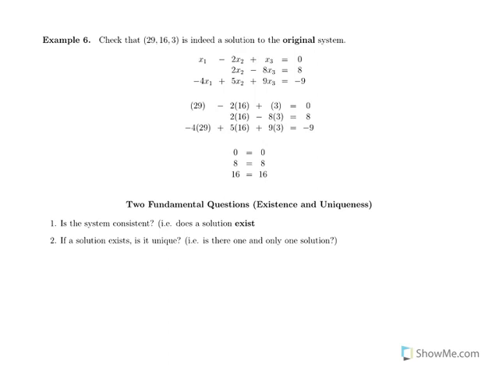We're going to plug in 29 into x1, 16 into x2, and 3 into x3. So in our original system, we plug in those values, everything comes out and all of these equations are satisfied, which means that that is indeed a solution to the original system.